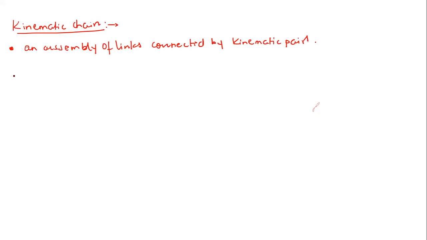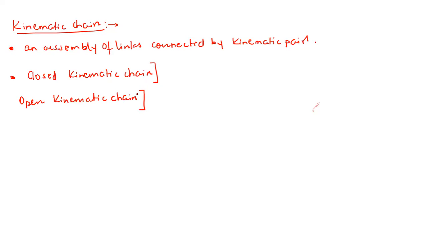A kinematic chain can be classified into 2 types: closed kinematic chain and open kinematic chain. It's very easy to guess what a closed kinematic chain is.